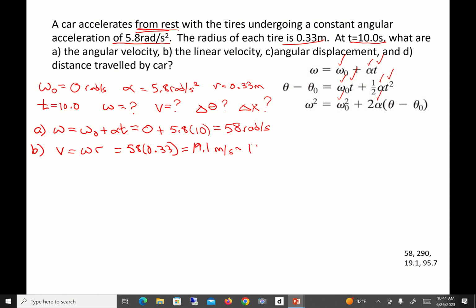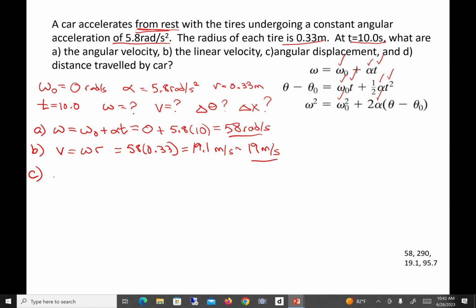So it's about 19 if I round it to two significant figures. Remember, A is the algebra, putting the numbers in, and L is looking at your final answer and making sure that it makes sense, it's not too big or too small, and that you have the right number of significant figures in the right units.